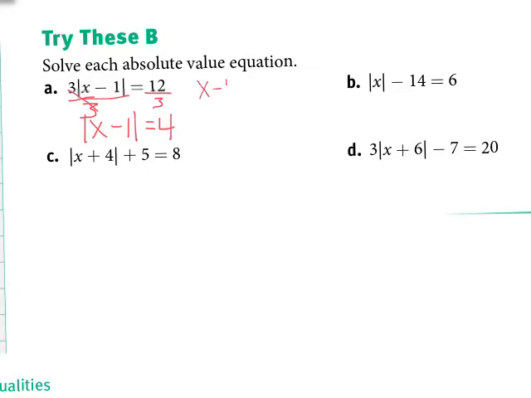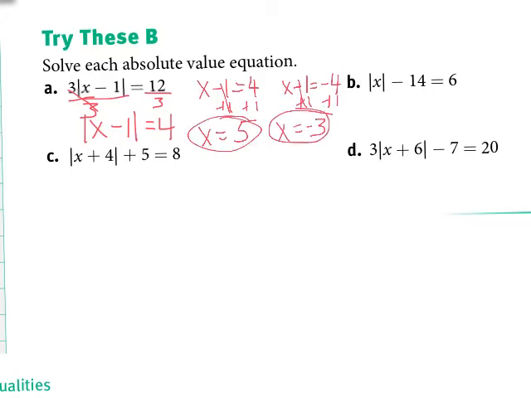So x minus 1 could be 4, and x minus 1 could be negative 4. So add 1, x could be 5, add 1, x could be negative 3. So I isolate the absolute value with opposite operations, and then I can solve just like I did up above.